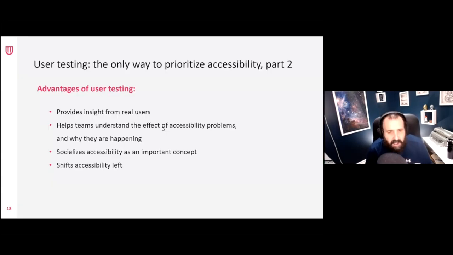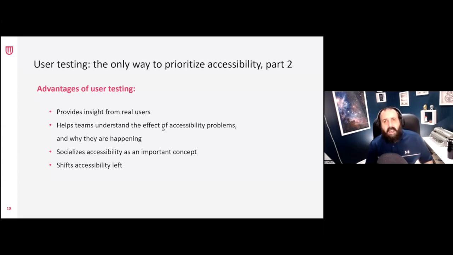User testing gives you that insight from real users about how various accessibility issues are affecting them as they try to use your digital products and services. It helps your teams understand the effect of the accessibility problems that maybe your automated testing has already surfaced, or maybe it hasn't. And it helps your teams understand not only what's happening, but why it's happening.